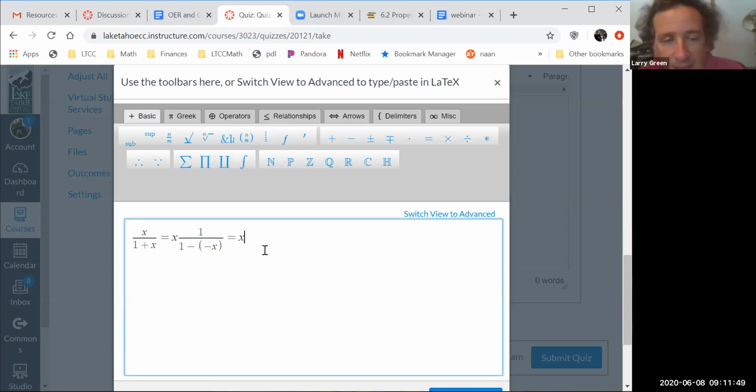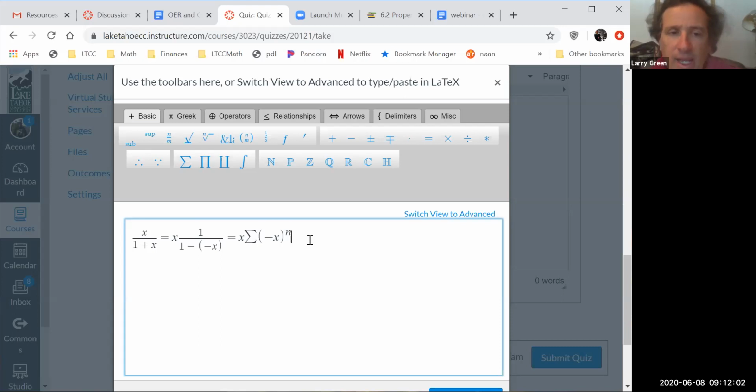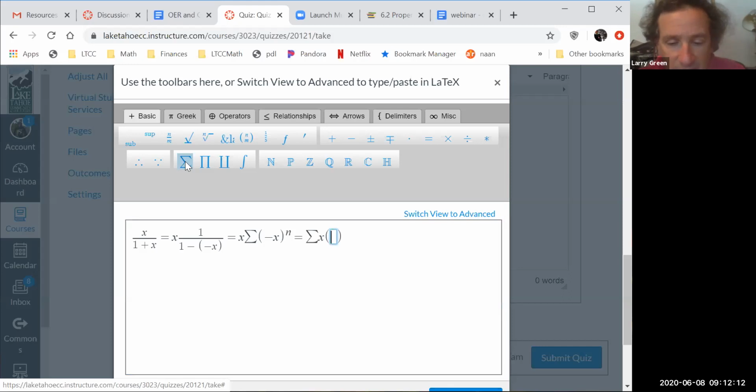So that's going to be x times the summation of negative x to the nth power. Any questions on that? That is equal to the summation of x times negative 1 to the nth power times x to the nth power.